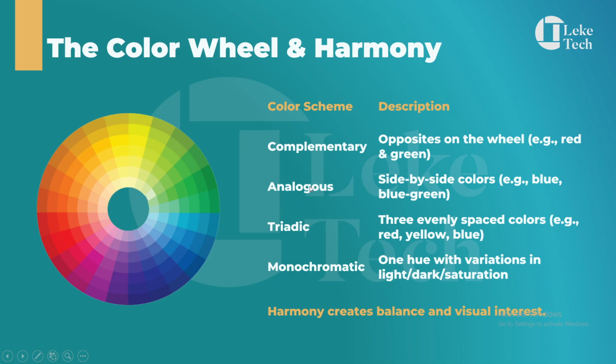An analogous color scheme involves side by side colors. Example, blue and green. If you are trying to create an analogous color scheme, you use colors which are side by side in the color wheel. For example, blue and green, blue and purple, red and purple, red and orange, orange and yellow, yellow and green. These colors always match together, right?